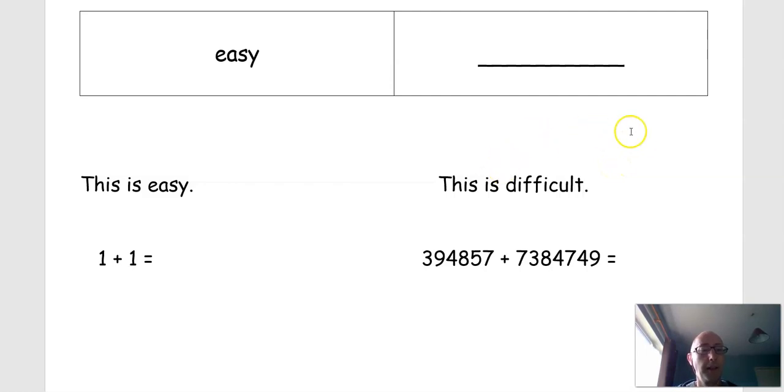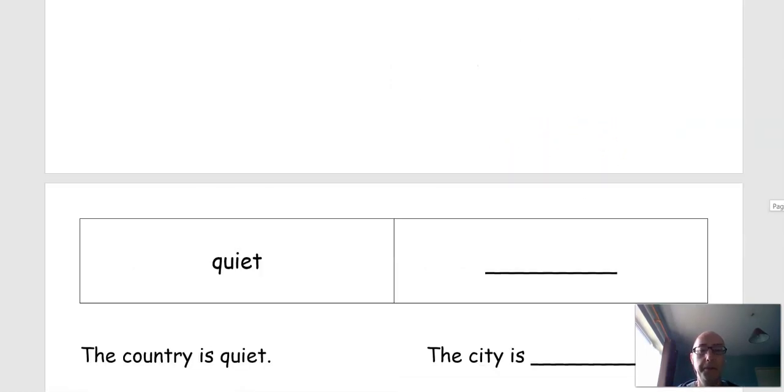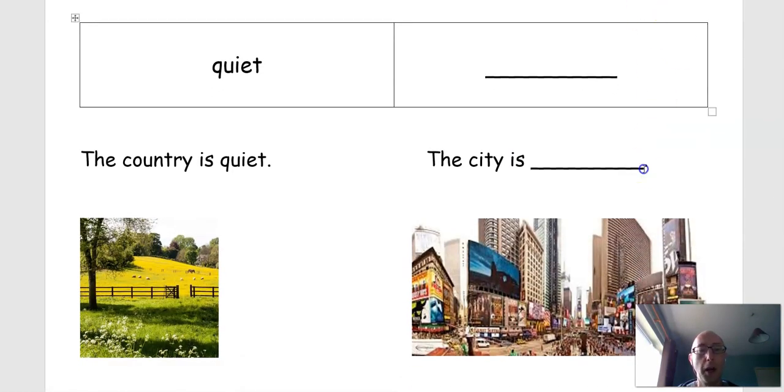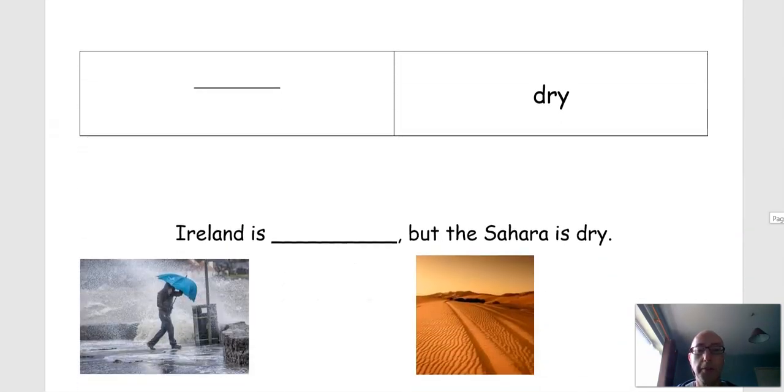Exactly. Next one. Quiet. What's the opposite of quiet? The country is quiet. The city is, begins with N. Noisy. Okay, let's do it the other way this time.